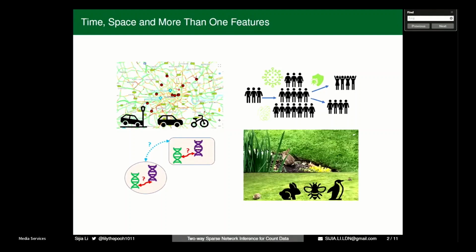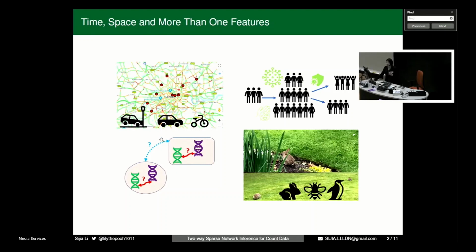Also in epidemic transmissions, there's a problem of when and where and which people are in contact with each other. And in biology, you have genes in the cells, and genes in one cell would interact with each other, and there are relationships between different cells as well.